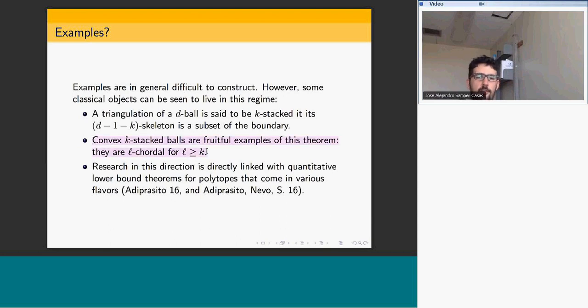Studying this homology, we were able to come up with quantitative lower bounds for polytopes, so we can show theorems about metric geometry, polytopes, and counting by studying chordality properties.